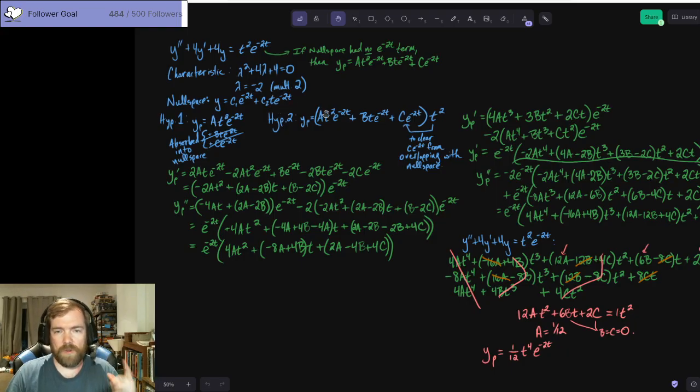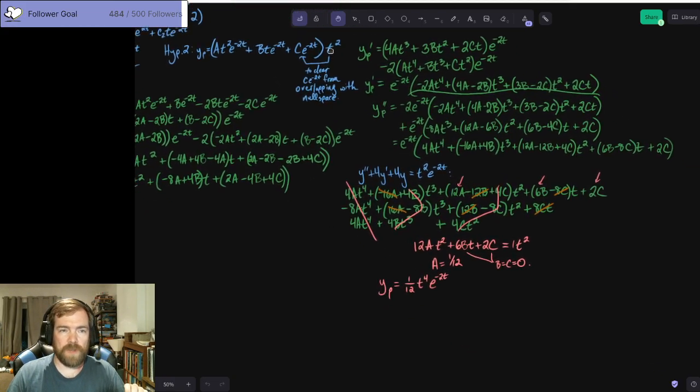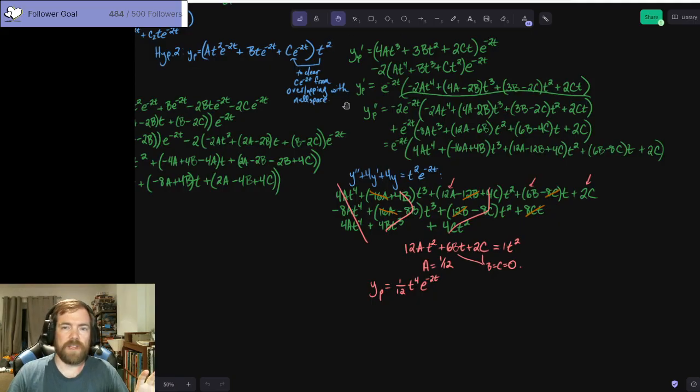So here, with our quadratic at squared plus bt plus c times e to the negative 2t, we have to bump that up by a degree of 2 in order to make at to the fourth e to the negative 2t plus bt to the third e to the negative 2t plus ct squared e to the negative 2t.